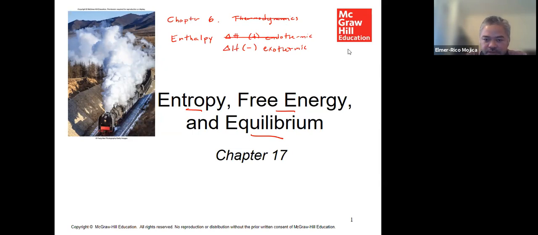Now, we try to look at this concept of entropy, free energy, and equilibrium, because in chapter 6, we were introduced, I don't know if you still remember, to the first law of thermodynamics. Anyone want to say what's the first law of thermodynamics?